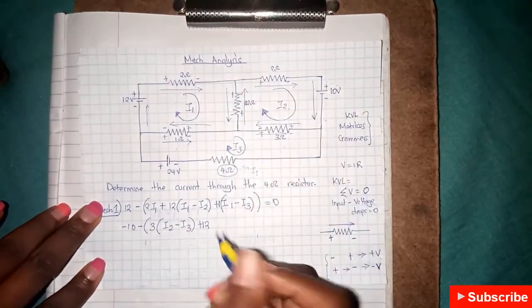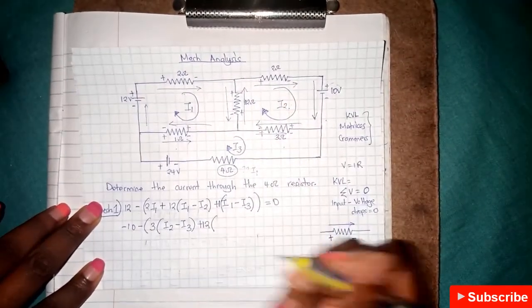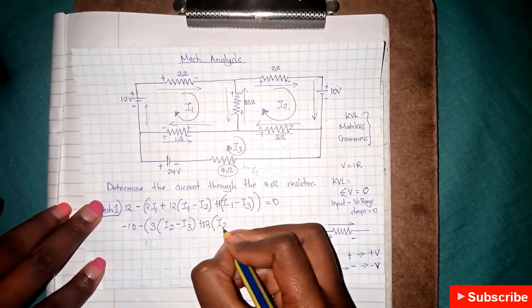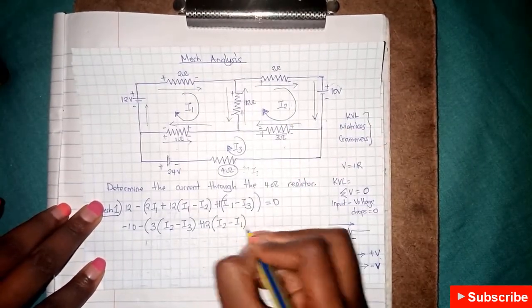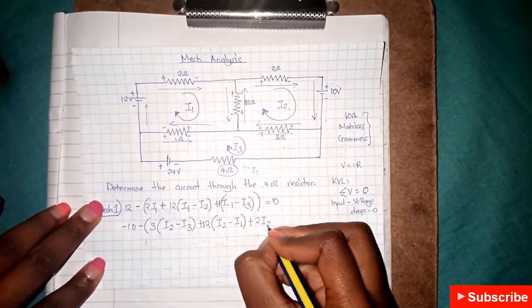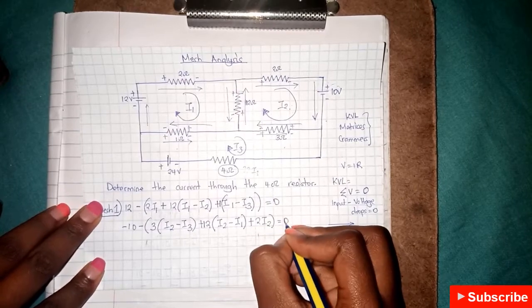I have covered that one. So it's 12 into, again, we're in this second loop, so I2 minus I1, plus 2I2 should be equal to 0.